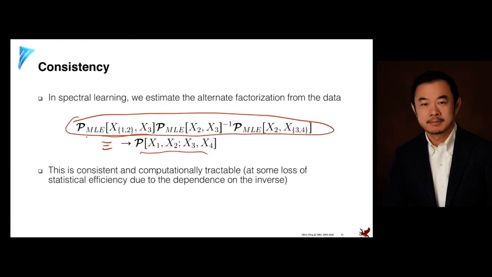And the second thing that is even more problematic is that here we have an inversion. Whether this inversion exists or not actually is a question. We don't actually know. For example, if P of X_1, X_2, X_3 is a rank deficient matrix, say rank 1, can we invert it? Not necessarily, right?